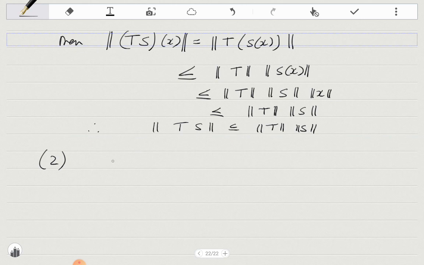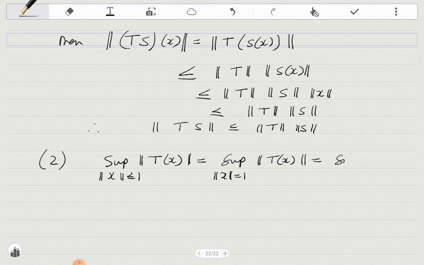As for the second, the claim is that the sup over norm x less than or equal to 1 of norm T of x is equal to the sup over norm x equal to 1 of norm T of x, which is equal to the sup over x not equal to 0 of norm Tx by norm x.